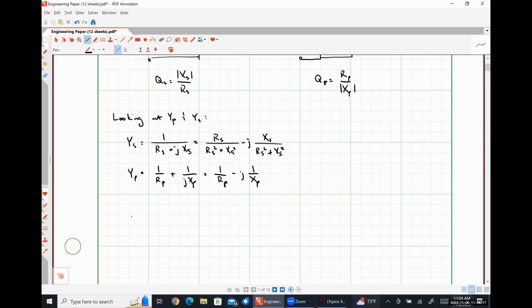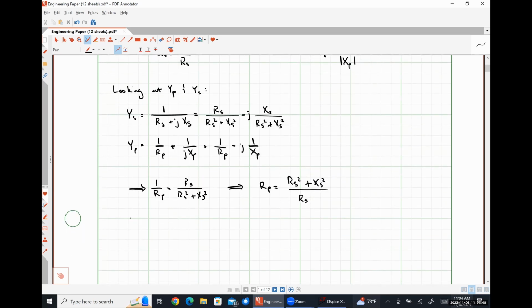So that means that we would have 1 over R_P is equal to R_S over R_S squared plus X_S squared. Flipping things over then, we have the relationship that R_P is equal to R_S squared plus X_S squared over R_S.